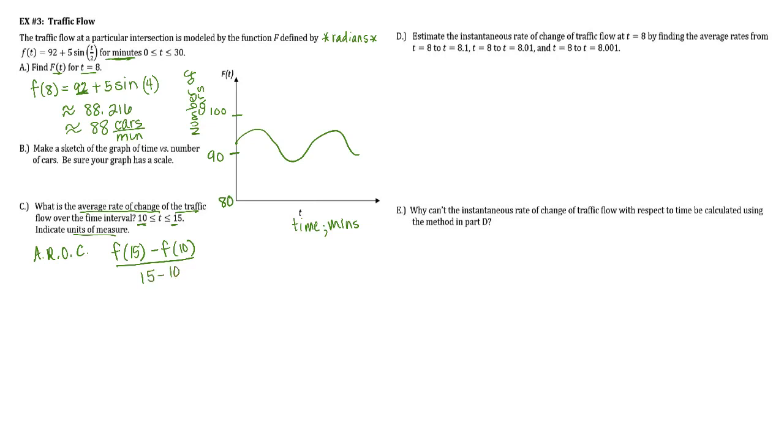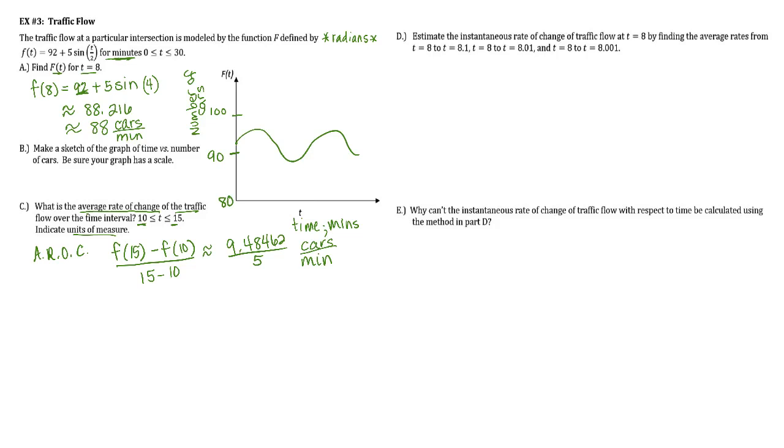And so when we put all that in our calculators, it looks like that's going to give us 9.48462 all over 5. And I would leave that, and it would be cars per minute. There's no need to reduce that all the way down. No need.